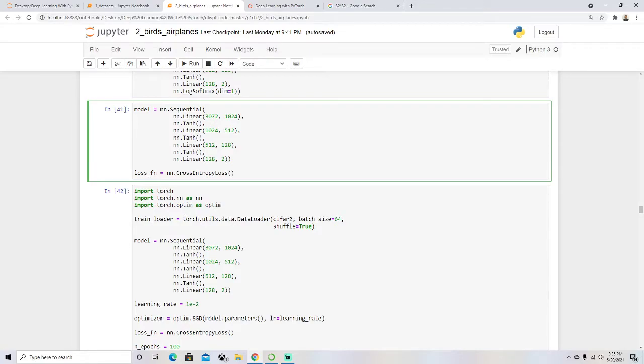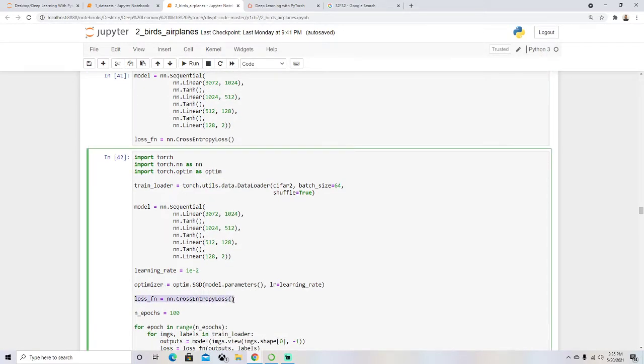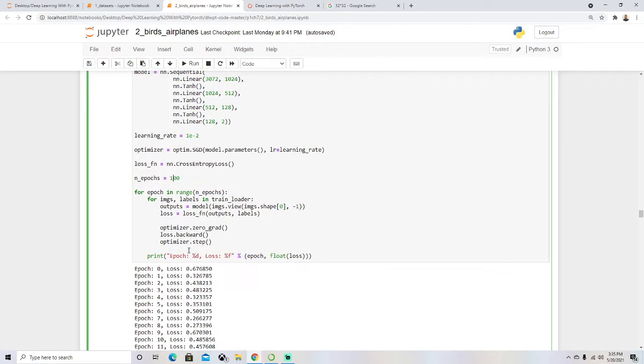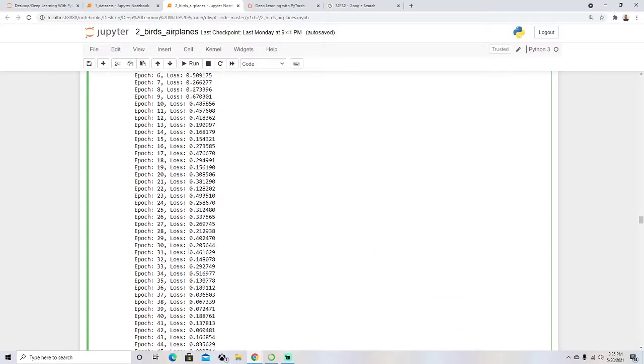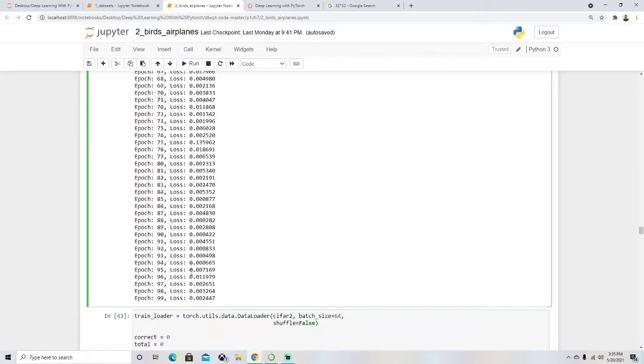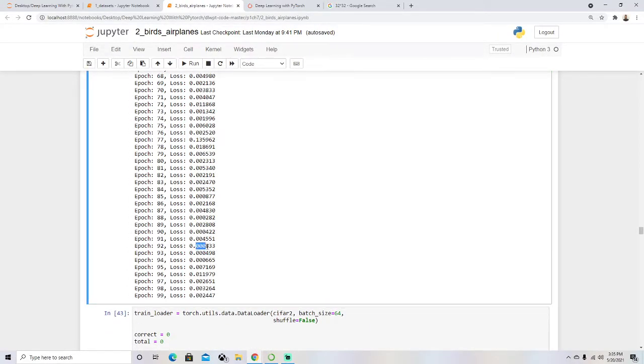And what do we do here? For our loss function, we have the cross entropy loss. So we're sticking with that batch size of 64. We're running the 4-layer network. We're keeping the same learning rate, same number of epochs. We're running this. And are we doing better? Yeah, we're doing better. I'm seeing more zeros down here.